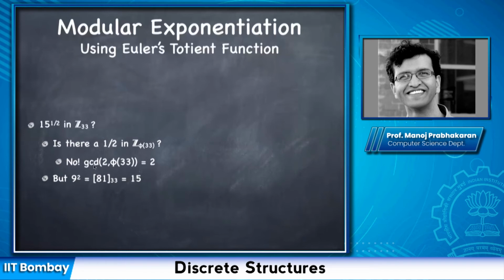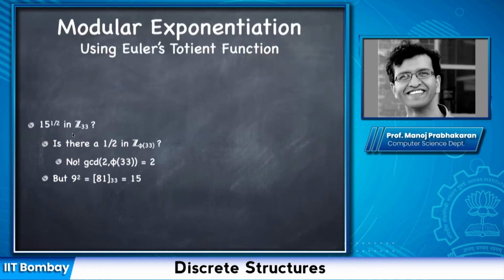So why was it not a problem that 2 doesn't have a multiplicative inverse modulo 20? Well, what it says is that not every number is going to have a square root. Of course, there will be some numbers which have square roots, namely numbers that you obtain by actually squaring things.